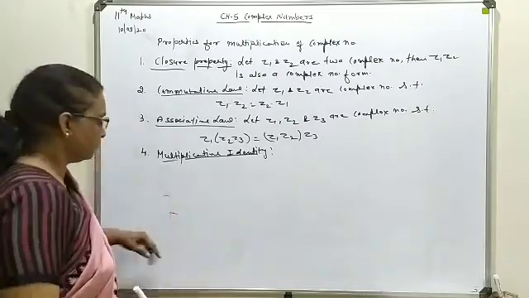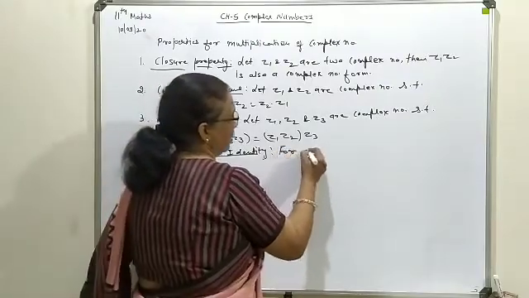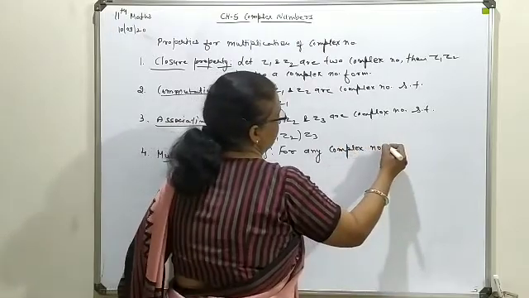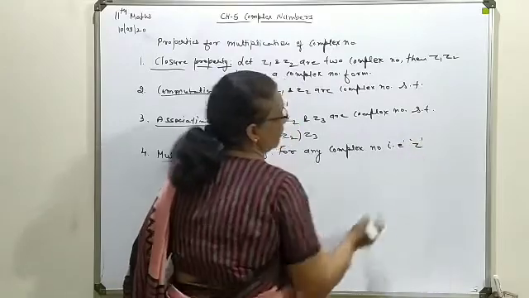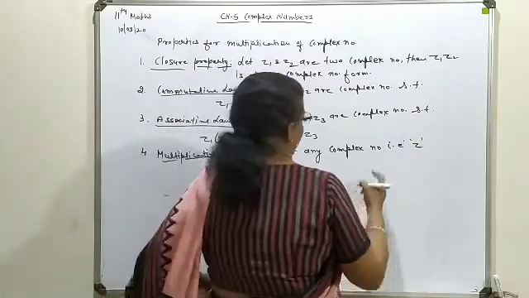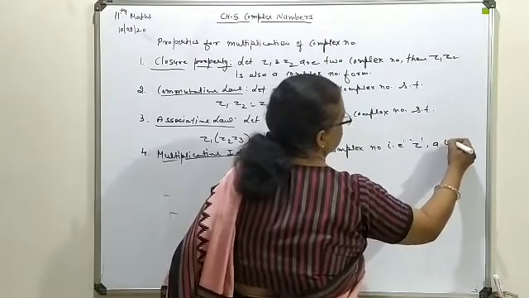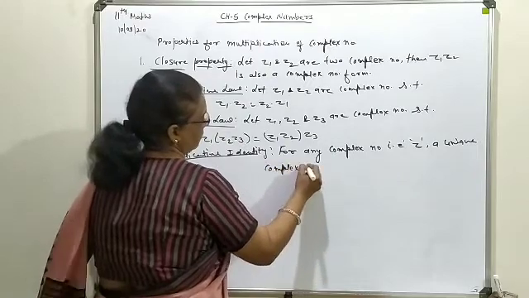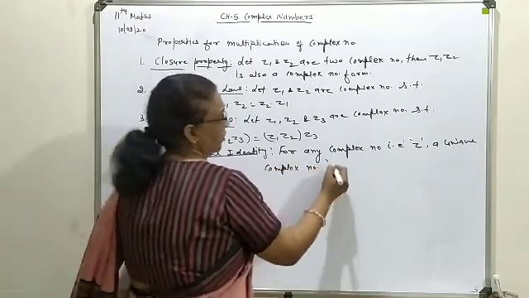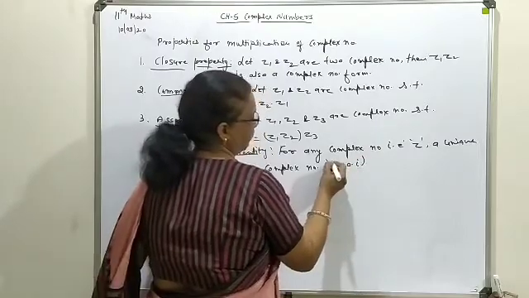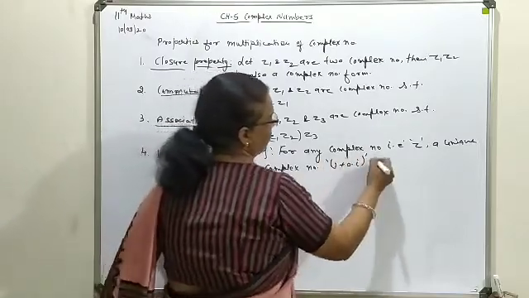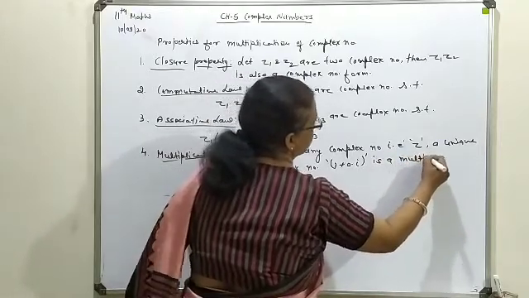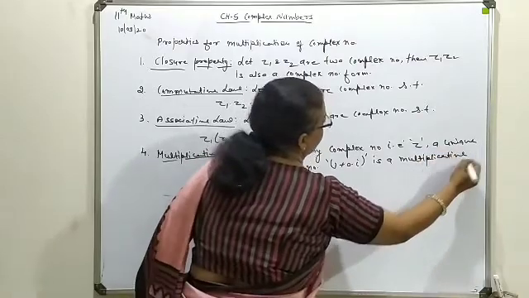So here, for any complex number Z, the unique complex number 1 plus 0i is the multiplicative identity.